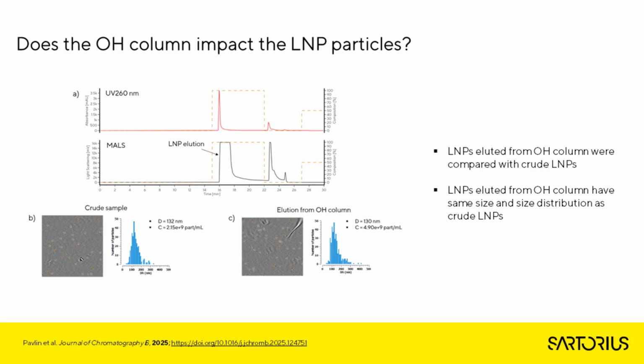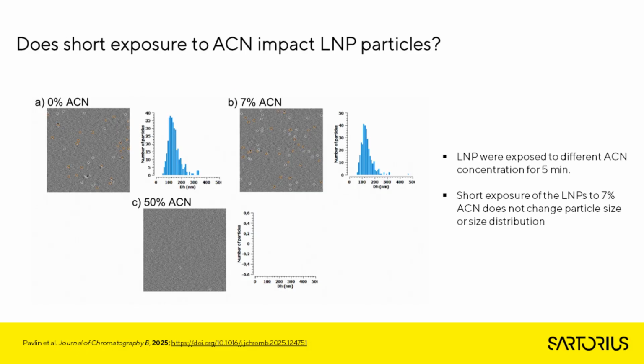Then the same particles were loaded and eluted from the OH column, and we checked the size of these particles again using the same technique. As you can see in the pictures below, the size does not change when binding and eluting the particles from the OH column. So this is one proof that the OH column does not impact the LNP size.